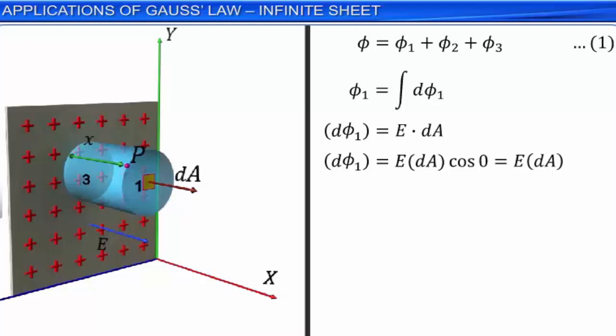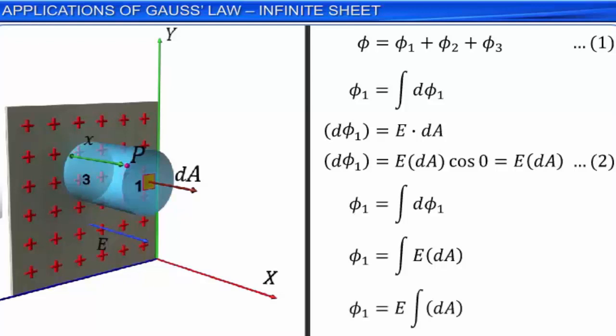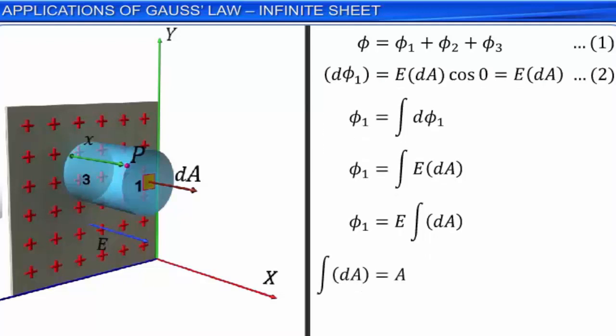It is important to note that E is constant in magnitude for all points on S1. Now, phi 1 is equal to integral E dA. Since E is a constant, it is taken out of the integral. Then, phi 1 is equal to E into integral dA. Integral dA is equal to A, where A is the area of S1.